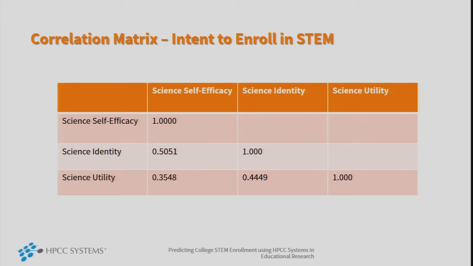Now, looking at the correlations between science self-efficacy, identity, and utility, you could see that they did not really have a very strong correlation.